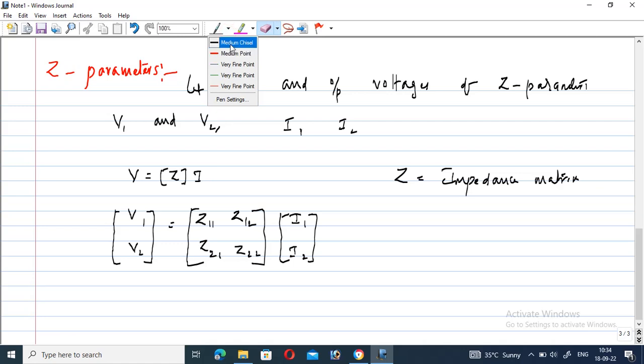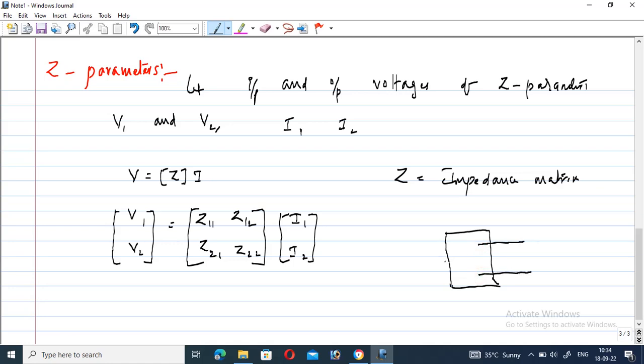So this is the output port, and this is the input port. I consider the current I1 and input voltage V1, plus and minus, and this voltage is V2, with current in the direction like this.